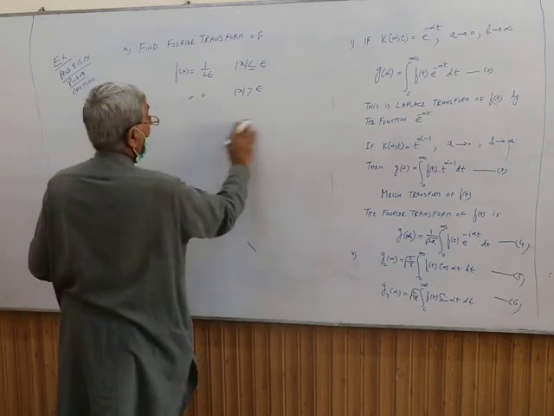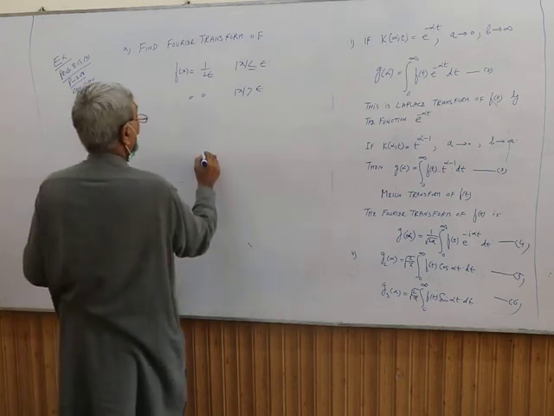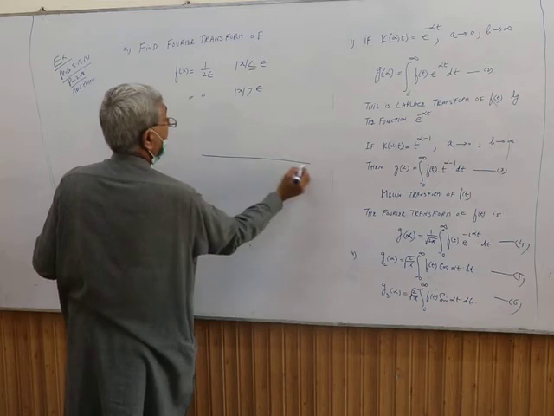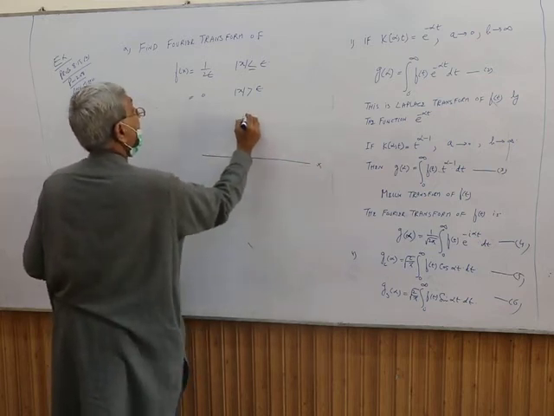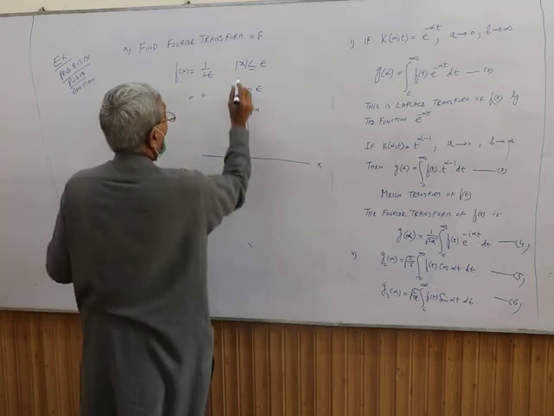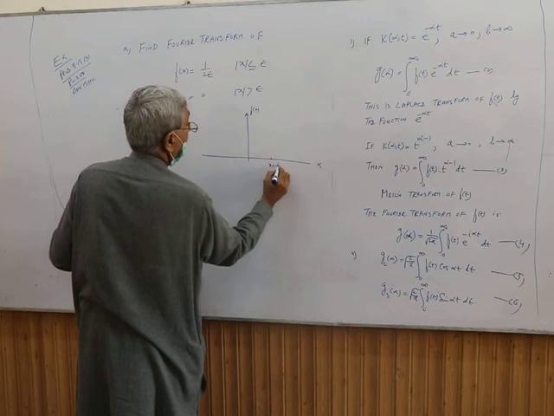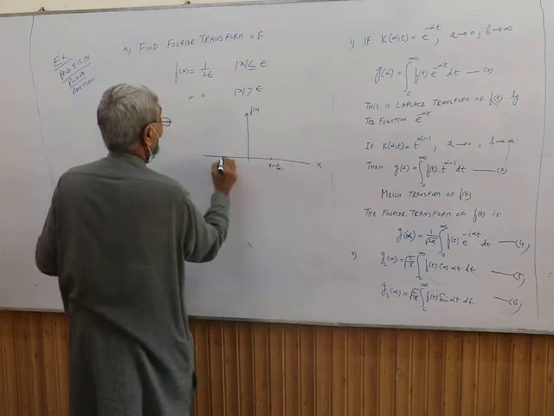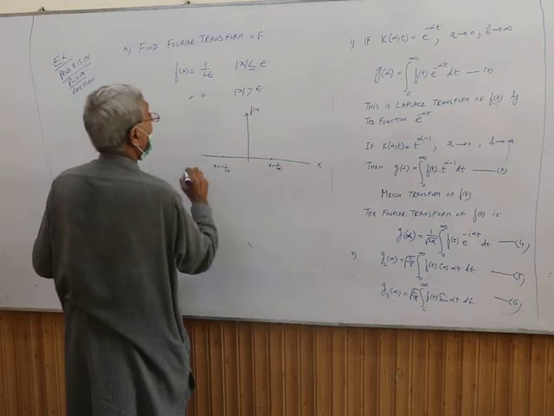The first thing you have to do in all these problems is plot the graph. The graph will look like this. This is x. This is f(x). This is 1 over 2 epsilon, and that is minus 1 over 2 epsilon.